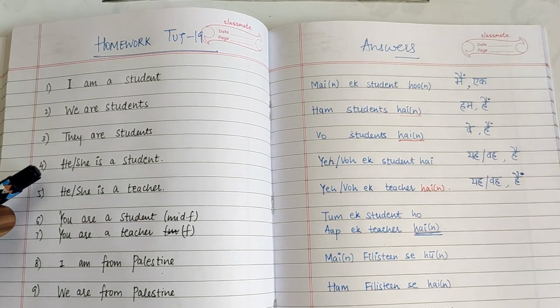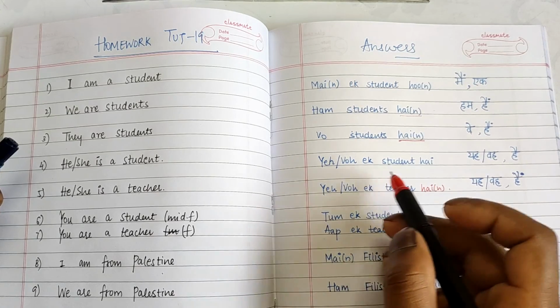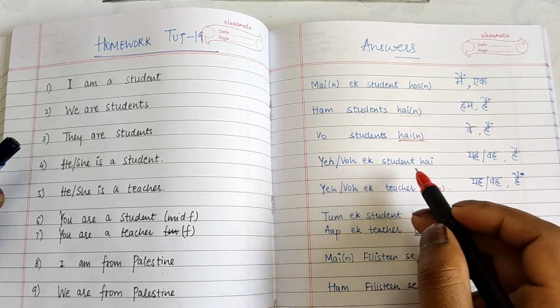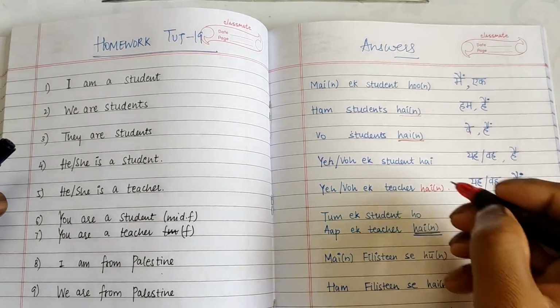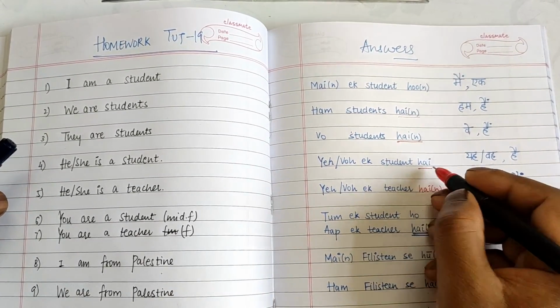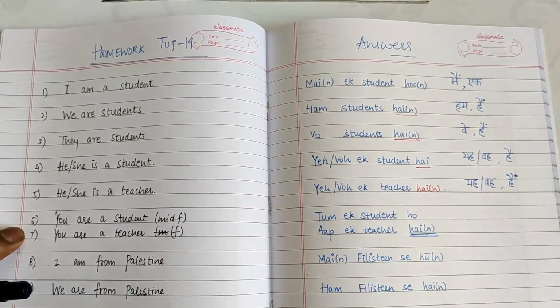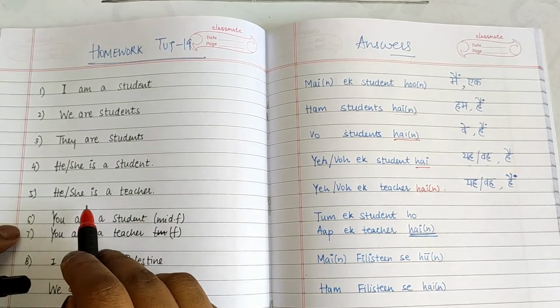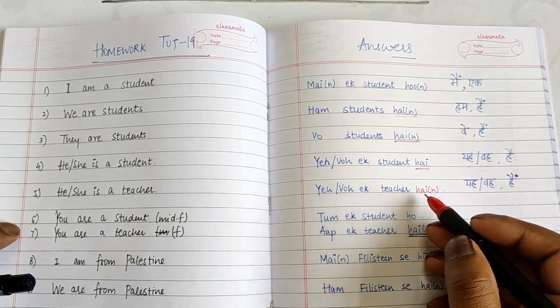He or she is a student. So ये और वो एक student है. यह वह. ठीक है. Now here we have used है because it's singular. He or she is a teacher. ये वो एक teacher हैं.